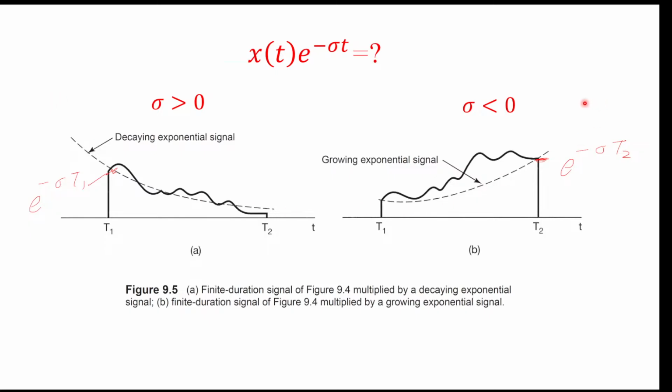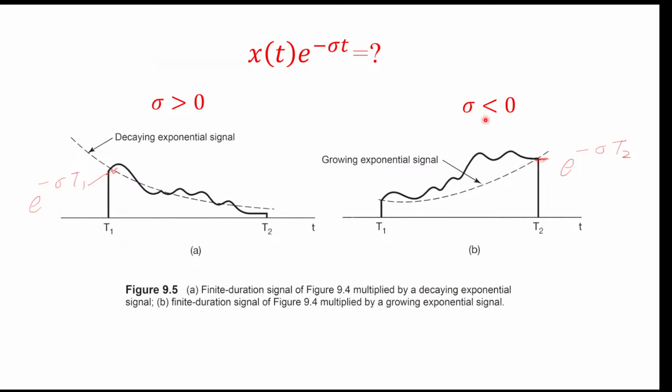Just by those two pictures, you can kind of feel it's absolutely integrable, because basically this thing is x of t multiplied by at most e to the minus sigma t1. This exponentially decaying function has its highest value at e to the minus sigma t1.